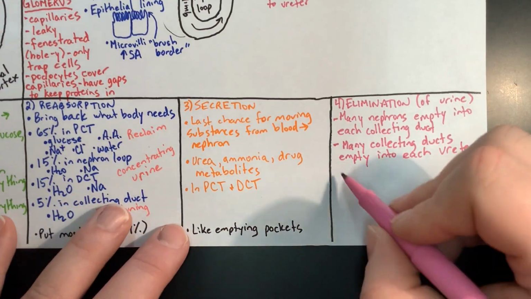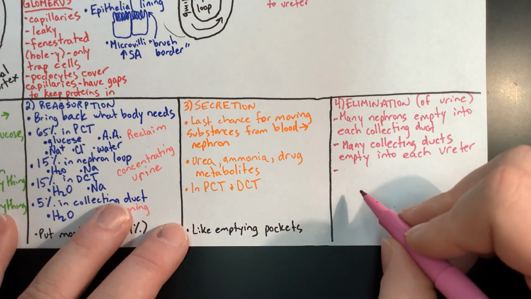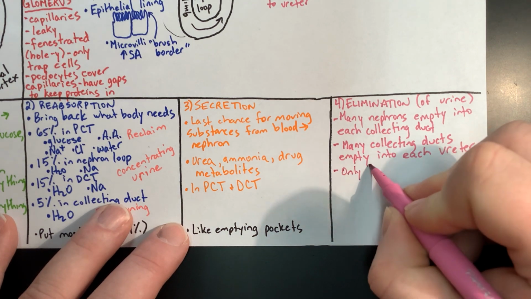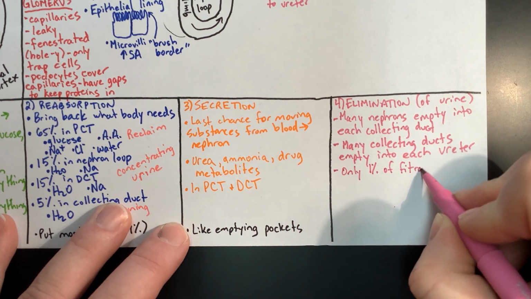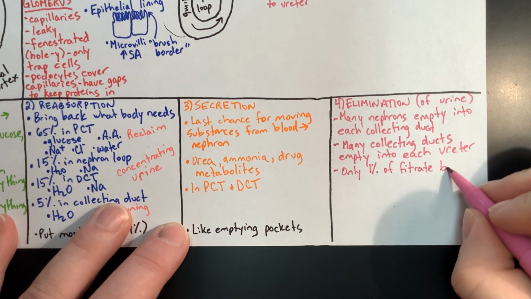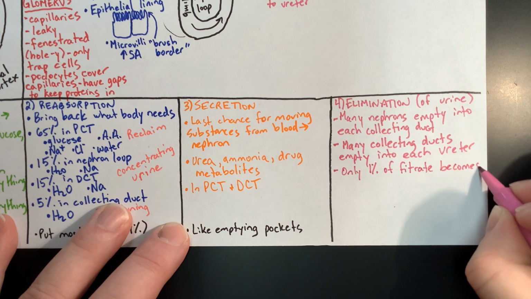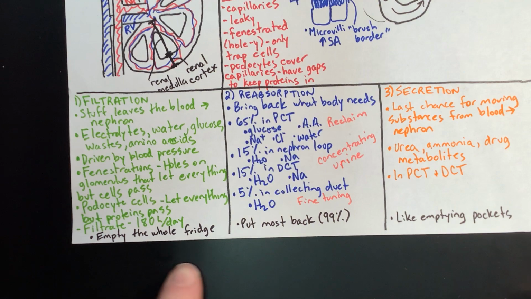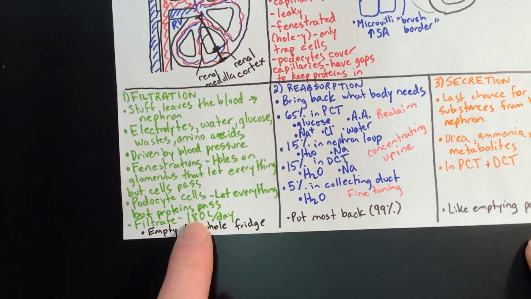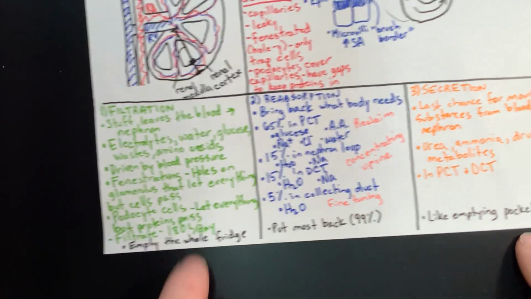All right, and then only about 1% of the filtrate that was taken out in the first place becomes urine. So if we go back and think about that, 180 liters of filtrate per day.